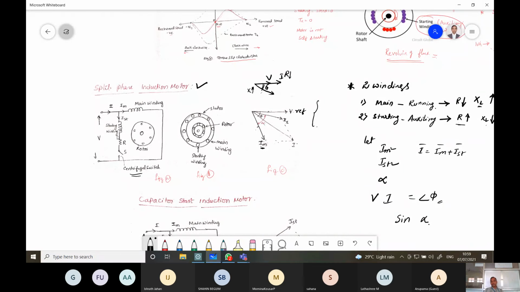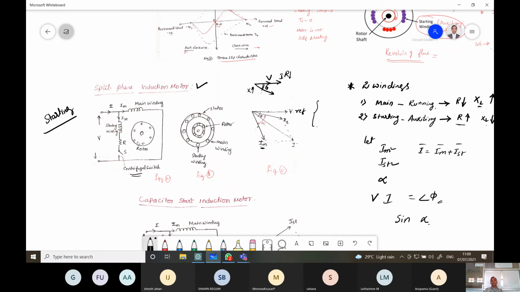At the time of starting, the starting winding is connected to the circuit for starting purpose only, hence it is called the starting winding. At the time of running, this switch is opened, so the starting circuit is disconnected and only the main winding is present across the supply voltage.